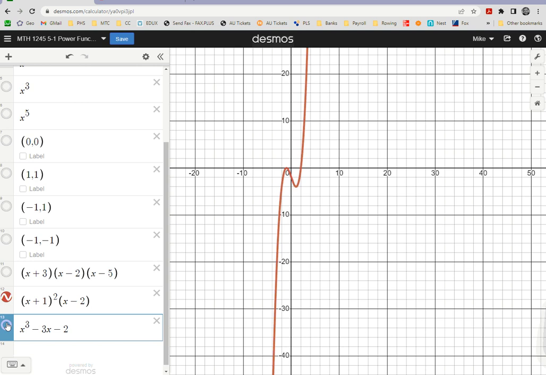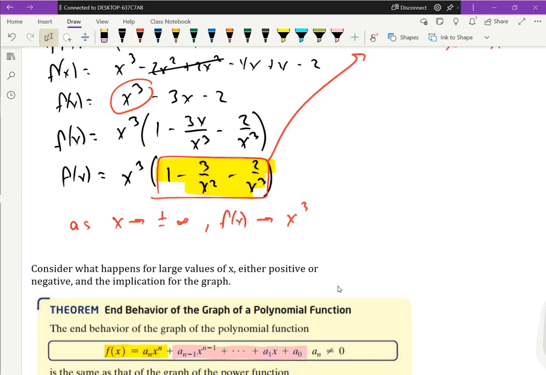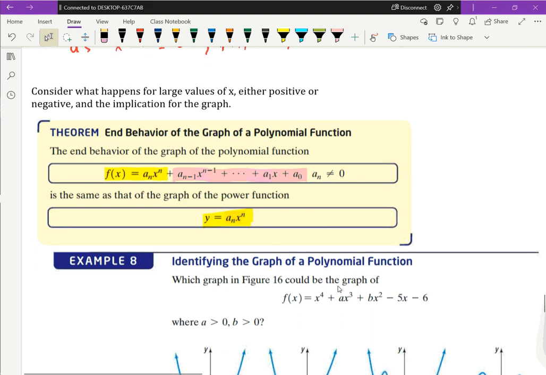So they're right on top of each other. So this function here, x cubed minus 2, the ends of the graph look the same as just x cubed. So the ends of the graph are going to do the identical items. So that is a theorem.